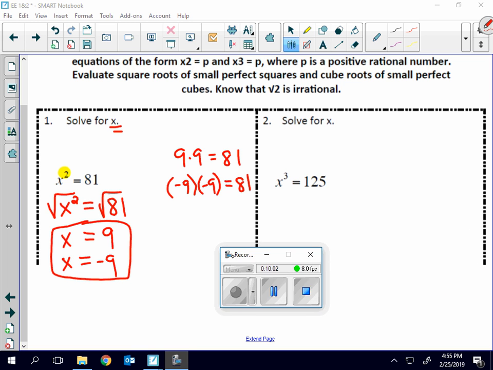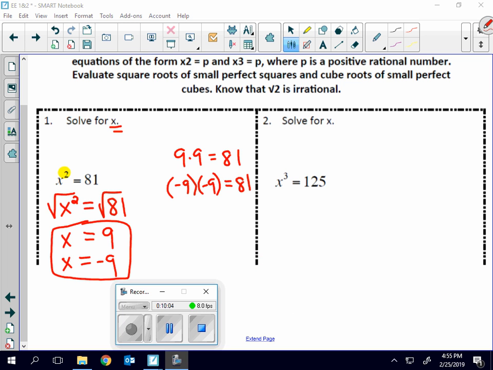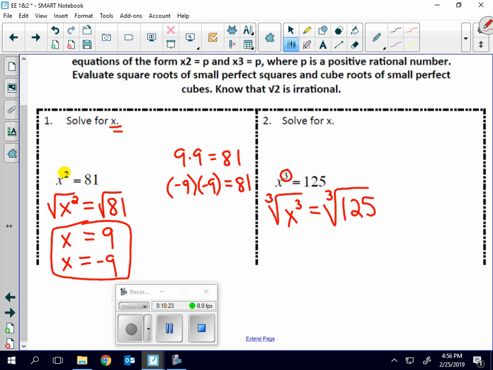It doesn't really work when you have a power of 3, like in the second problem here. Okay, to undo this power of 3, I'm going to need to take the cube root of x to the third power. So whatever I do to one side, I do it to the other side, taking the cube root of 125. Okay, see, so getting this cube root here and this 3, they cancel each other out.